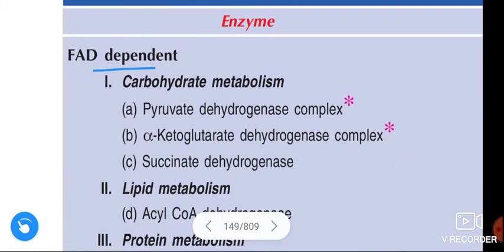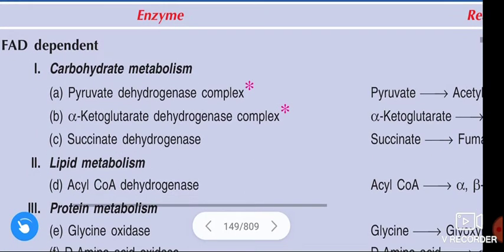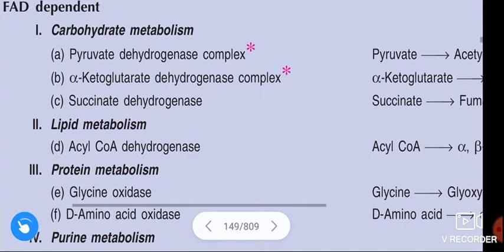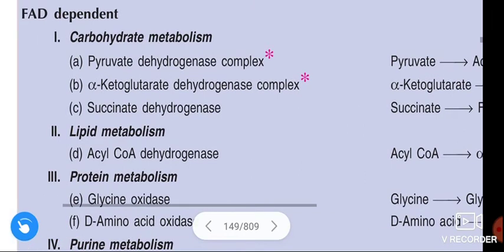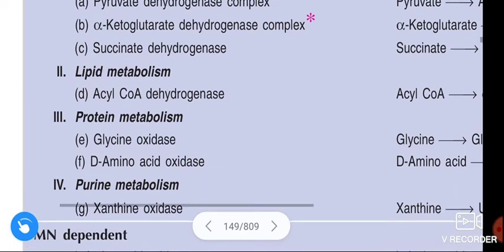First, FAD dependent. In carbohydrate metabolism, the enzymes that depend on FAD are pyruvate dehydrogenase complex, alpha ketoglutarate dehydrogenase complex, succinate dehydrogenase. Next, in lipid metabolism, the enzyme is acyl CoA dehydrogenase.